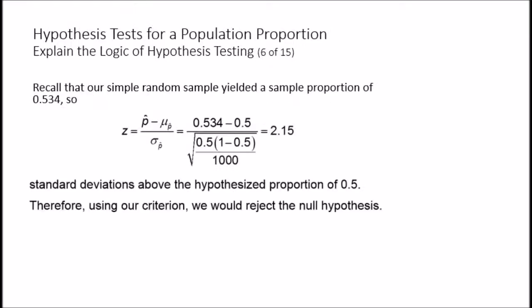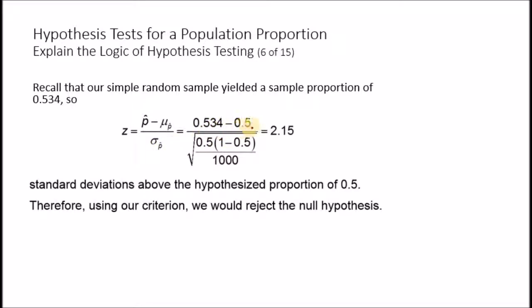So if we go back to the previous example and compute how far away from the mean the sample proportion of 0.534 is, we're going to use z-scores to measure the distance between the sample proportion and the population proportion. The z-score is equal to p hat minus mu sub p hat divided by the standard deviation of the sample proportion.